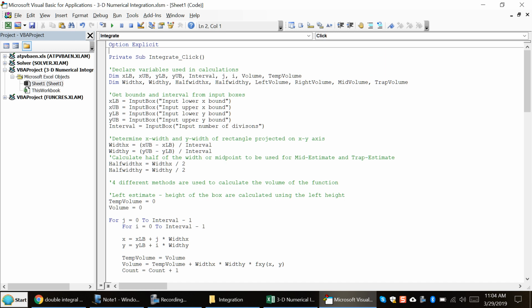Okay, so the only reason why you use option explicit is if you misspell a variable or if you change the code or something, and you don't have that variable defined, when you go to debug it, instead of you getting some strange answer and you try to trace that down, it'll just simply say, variable not defined, okay?